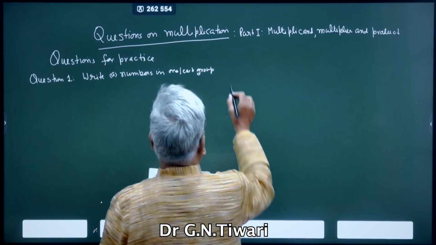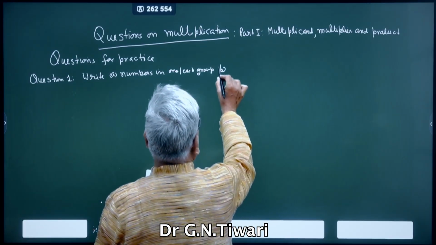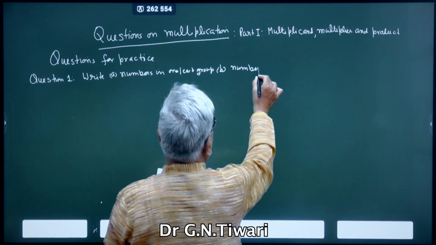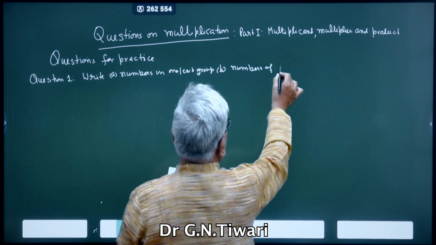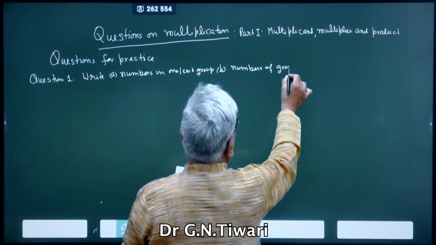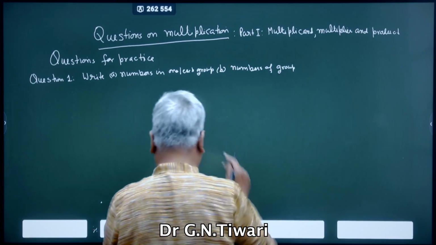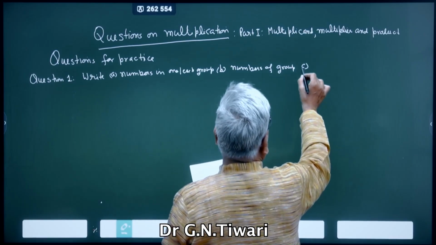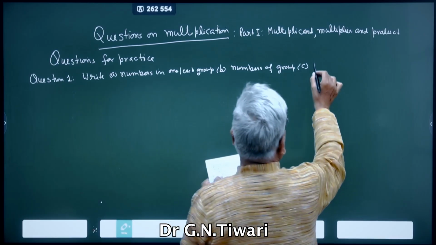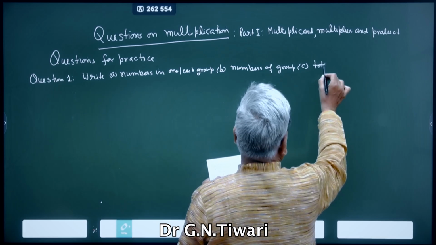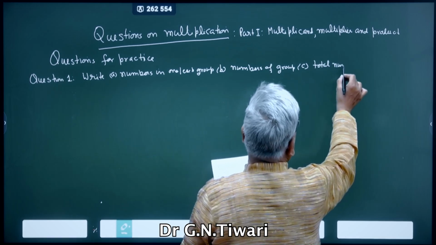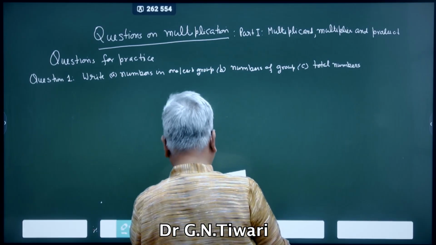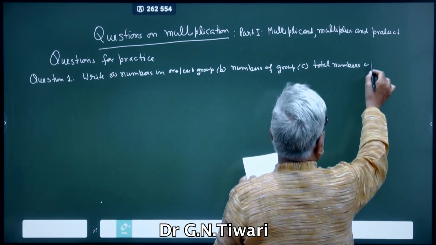Then B, number of groups. C, total number of objects.